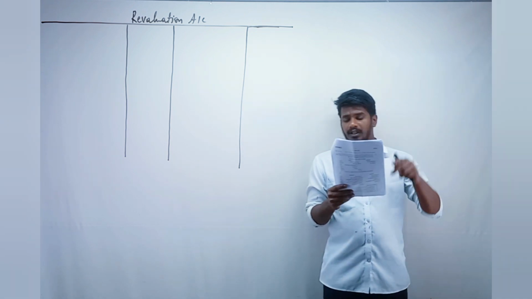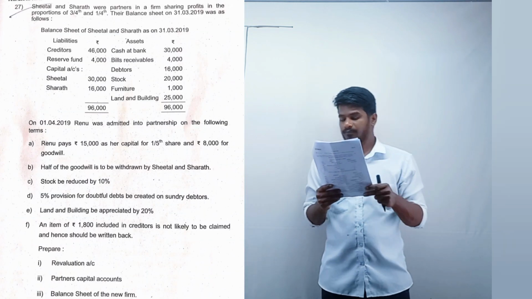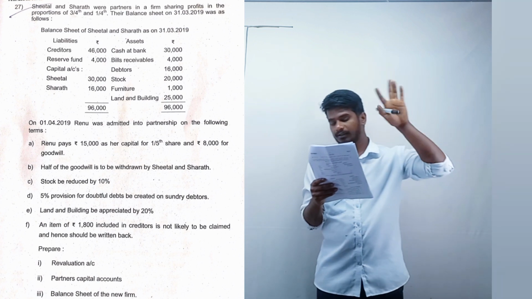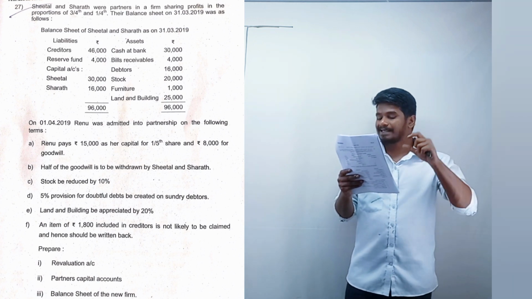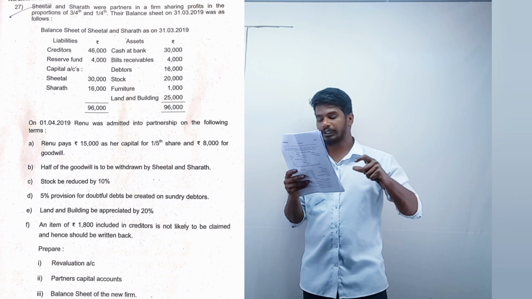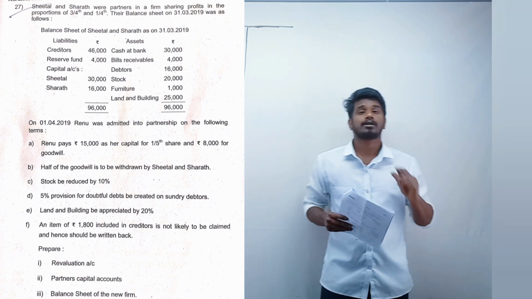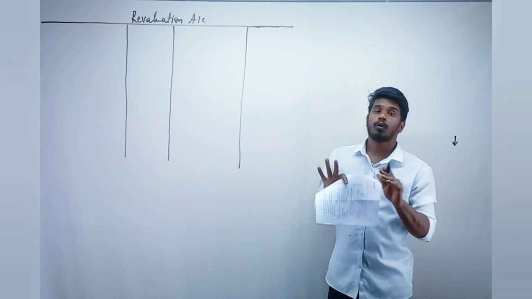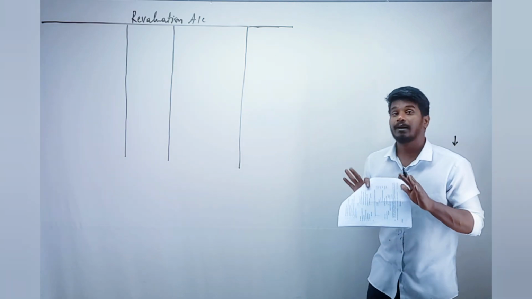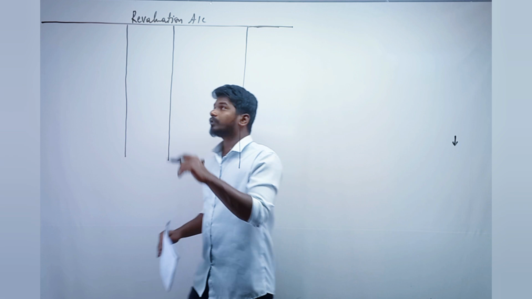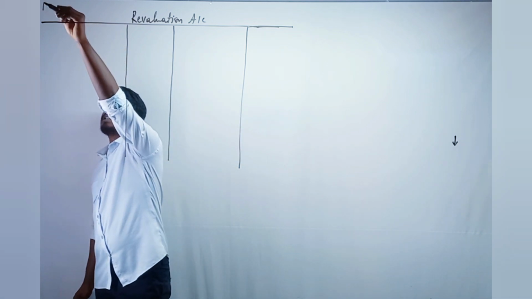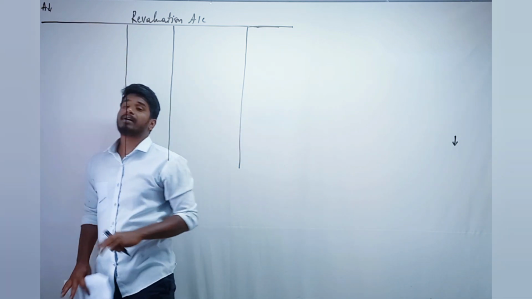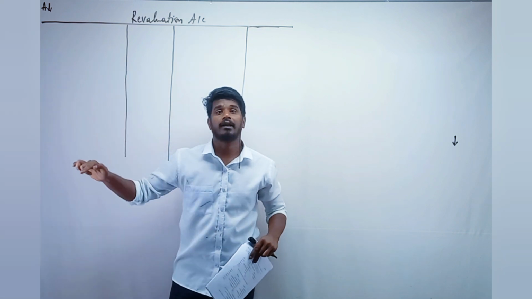So see C. Read the C point: stock be reduced by 10%. One more rule you should keep in mind, very simple: if an asset is decreasing we will record it on the debit side.